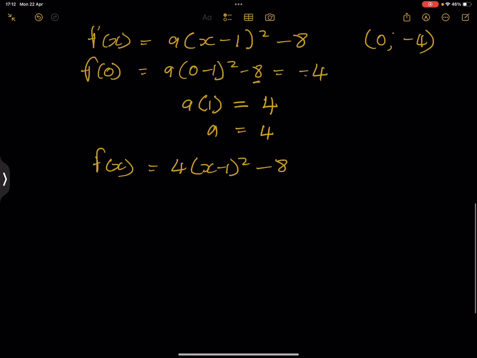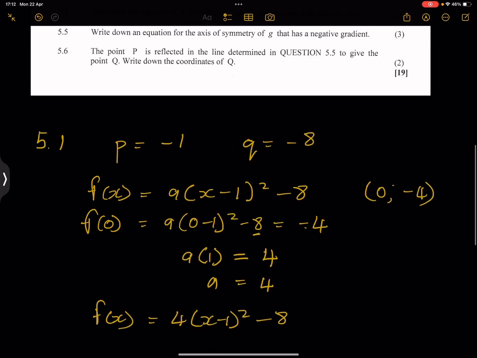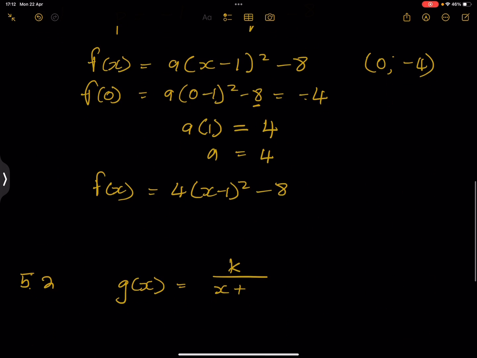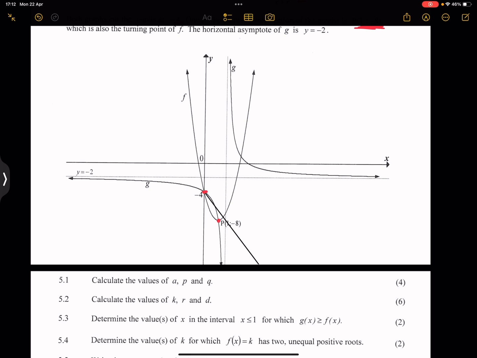So for 5.2, we've got g of x, which is k over x plus r, isn't it? So that's k over x plus r. And now remember the y value of the asymptote, we said this is going to be -2 as it was given there.